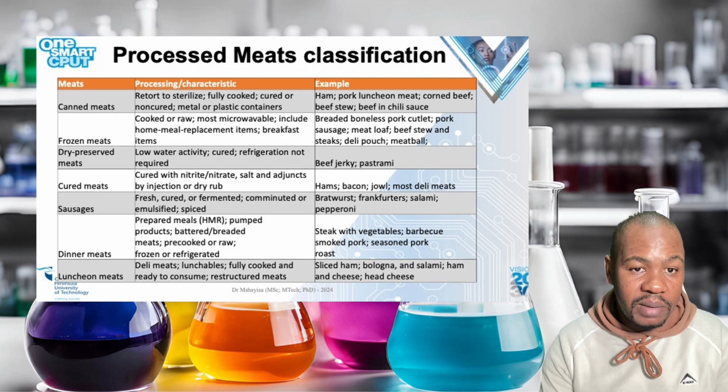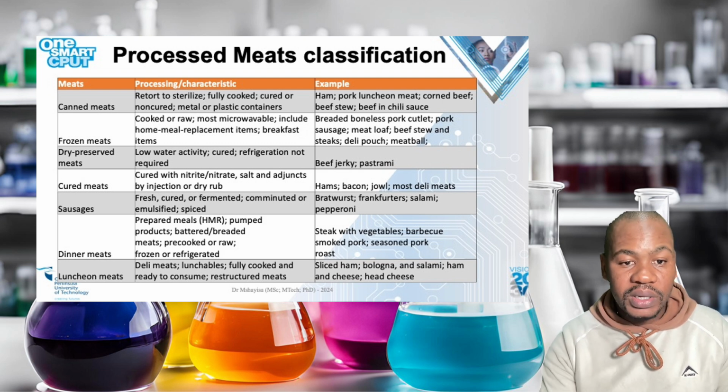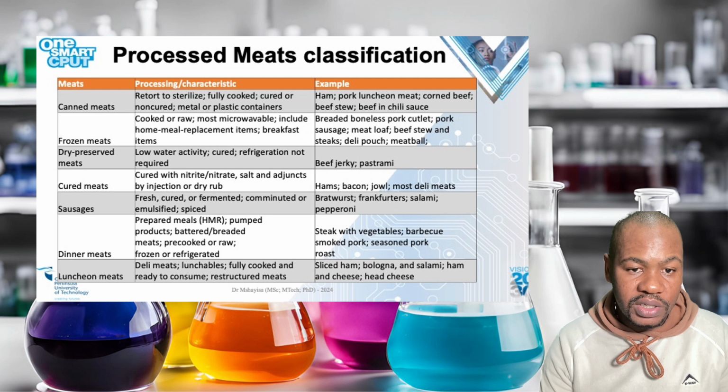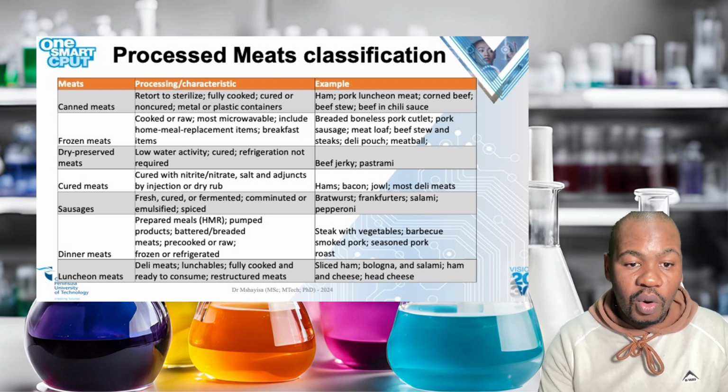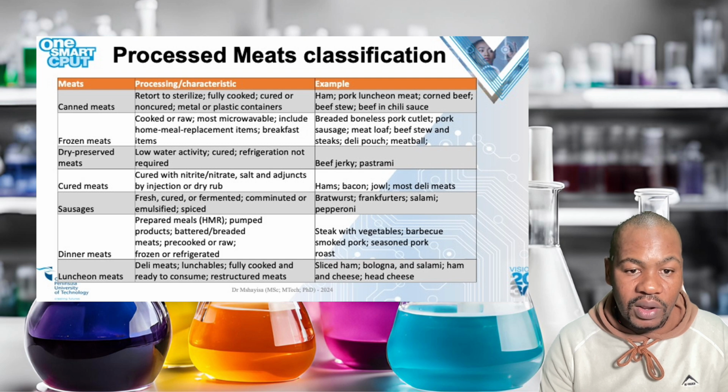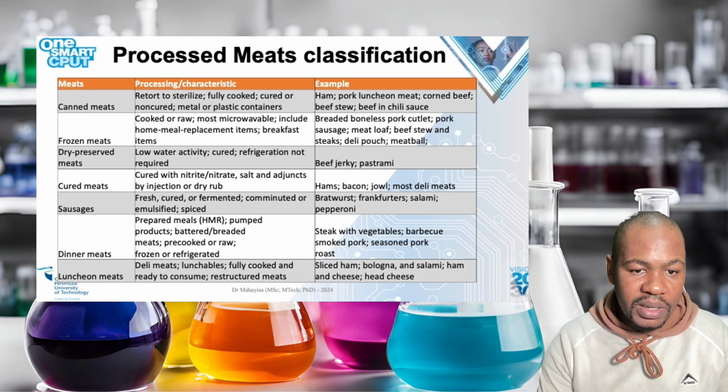Sausages can be classified as fresh sausages, or they could also be cured sausages. There are also what we call fermented sausages, or comminuted, emulsified or spiced sausages. And of course here, frankfurters, salami, pepperoni, etc. And then you've got dinner meats, which are prepared meats.